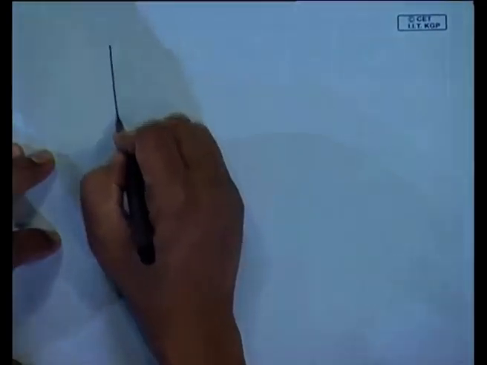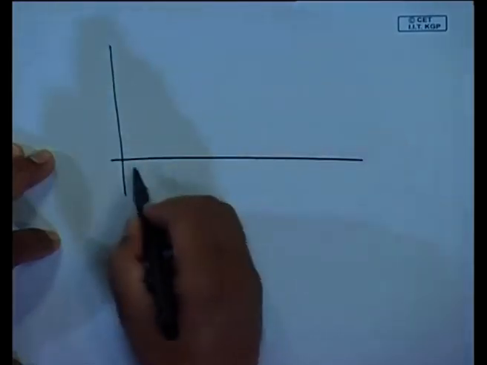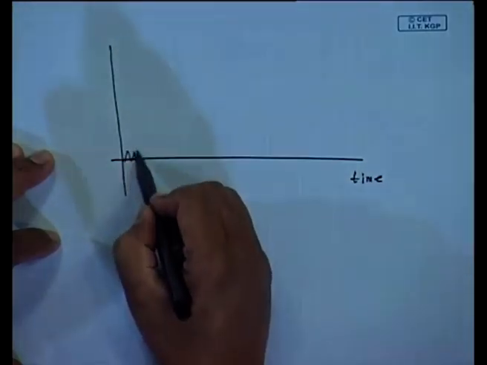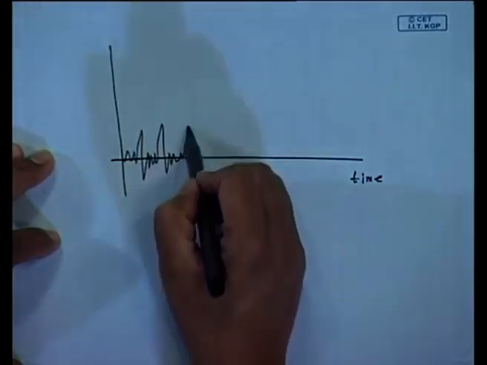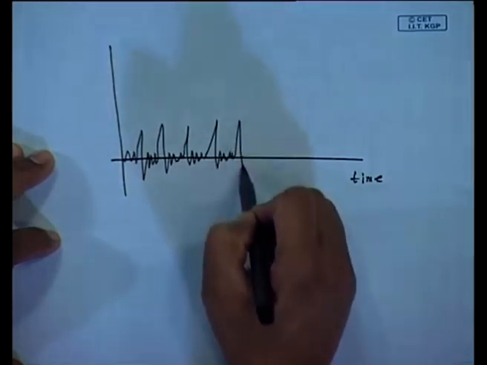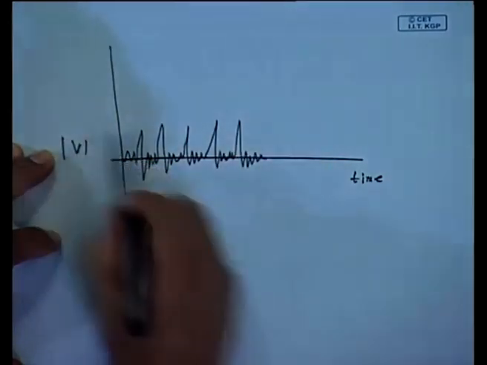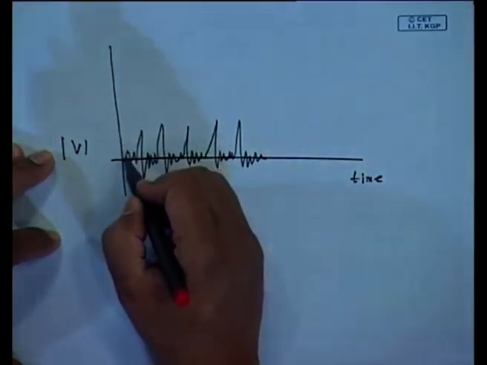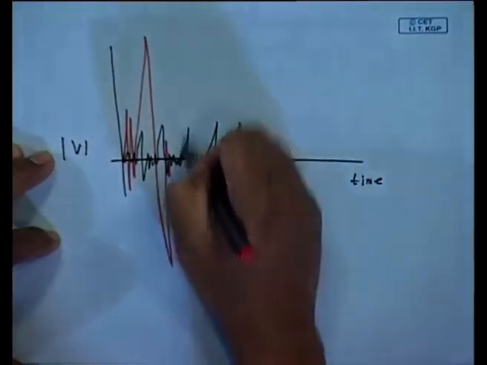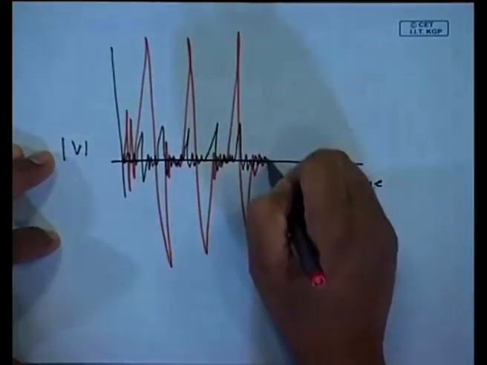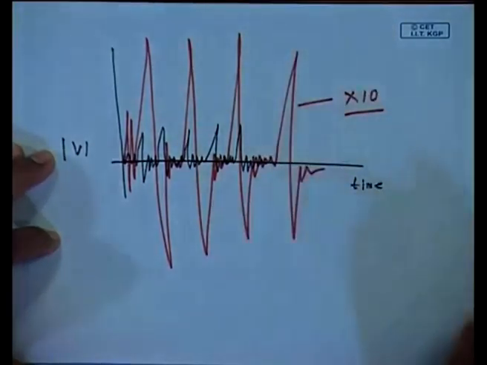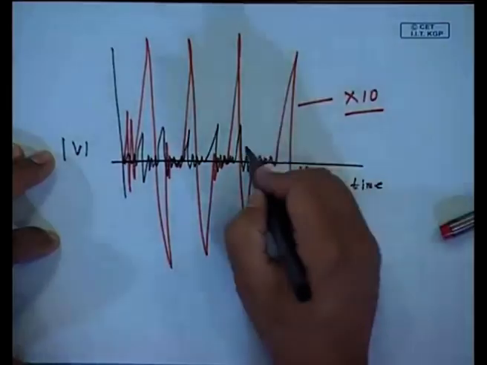Once this noise has increased, I could always, for example, to begin with my signal in the time domain looks something like this. Certain voltage, if I increase it by a factor of 10, this becomes 10 times, and the black one is my original signal.